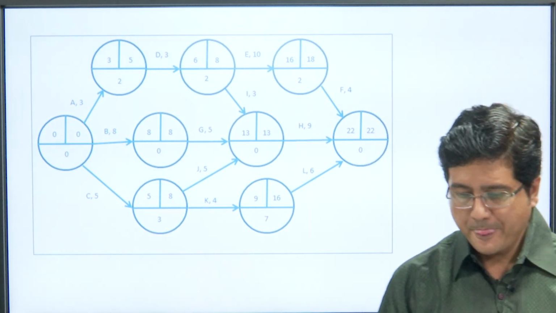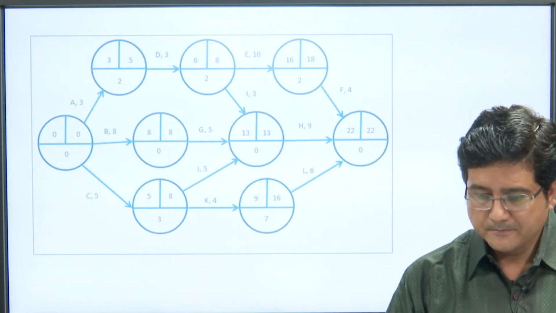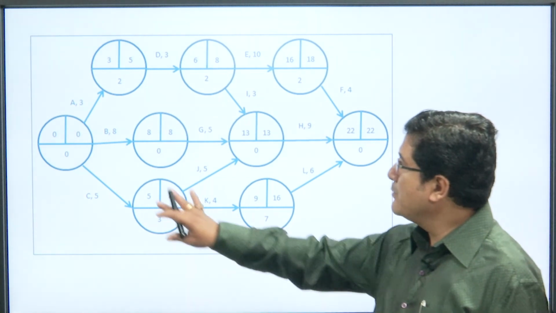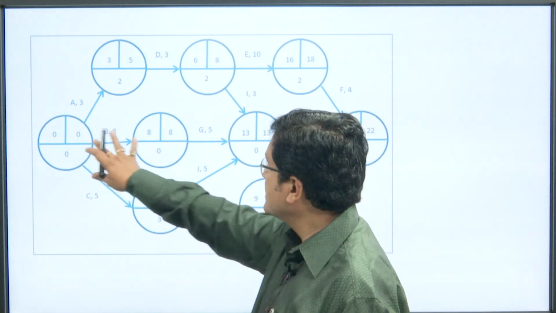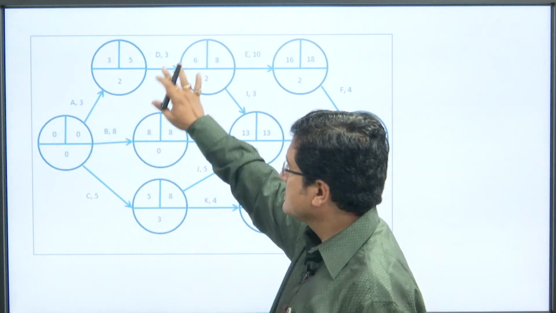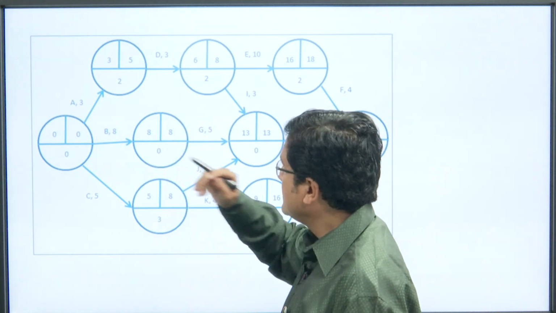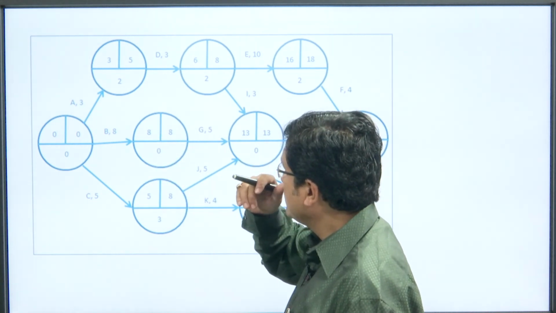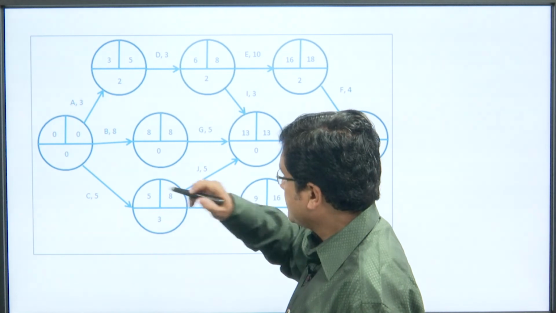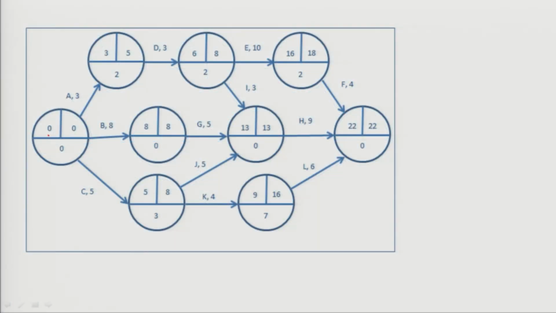Following the diagram, when we move further in this direction: 0, 3, then 3 to 2, 3 plus 3, 6, 6 plus 10, 16.